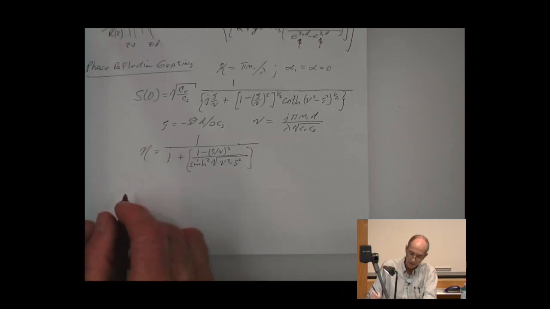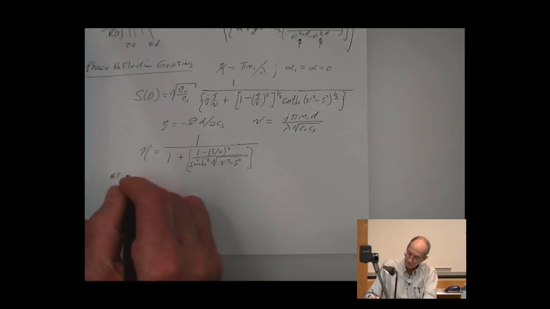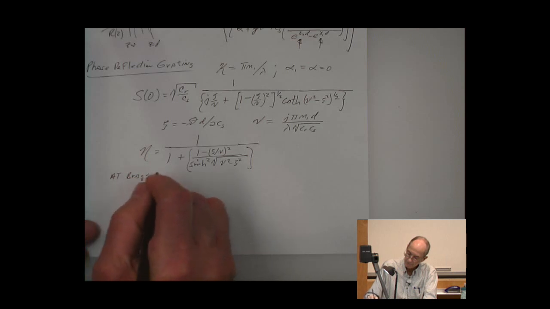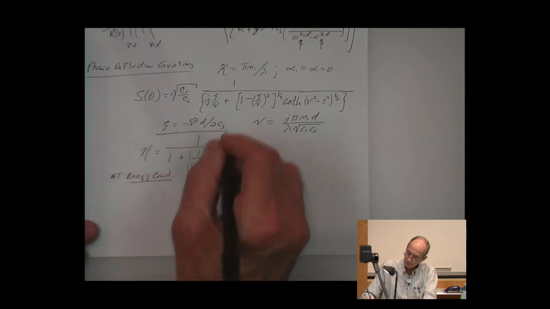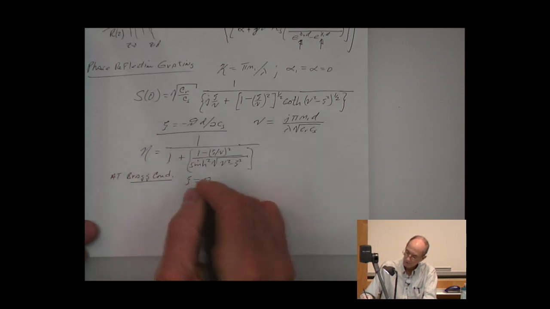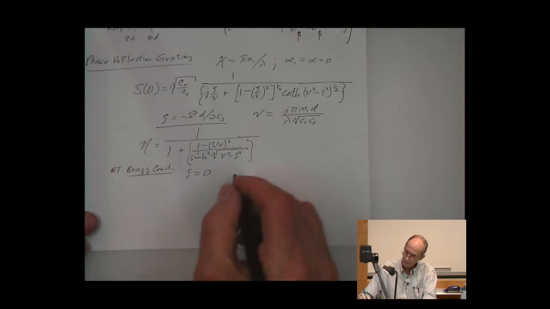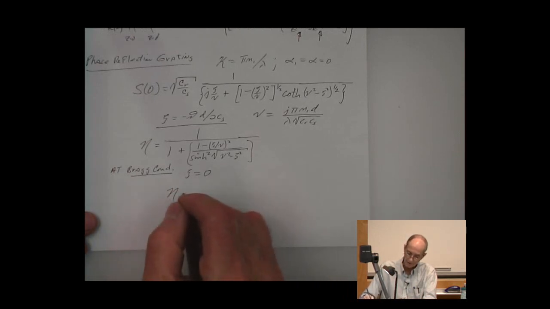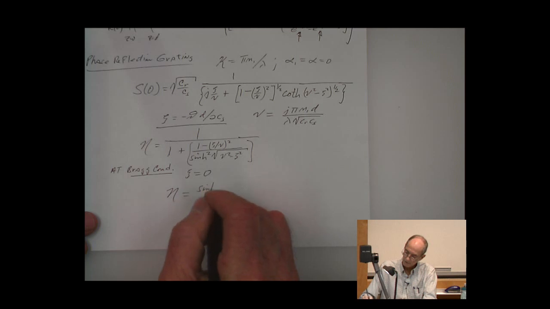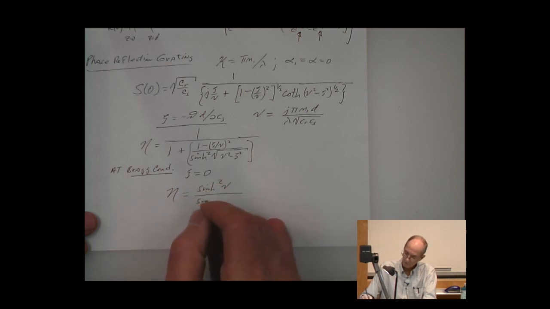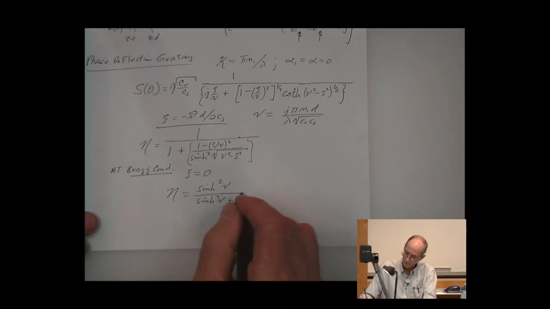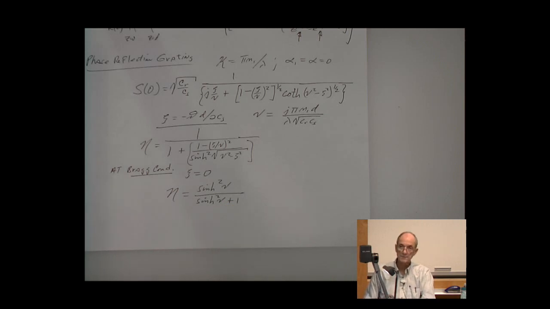One is if we are at the Bragg condition, that implies this term is 0. So that makes things a whole lot neater. And we end up with the efficiency in that case equal to sinh squared of nu over cosh squared of nu, plus 1.